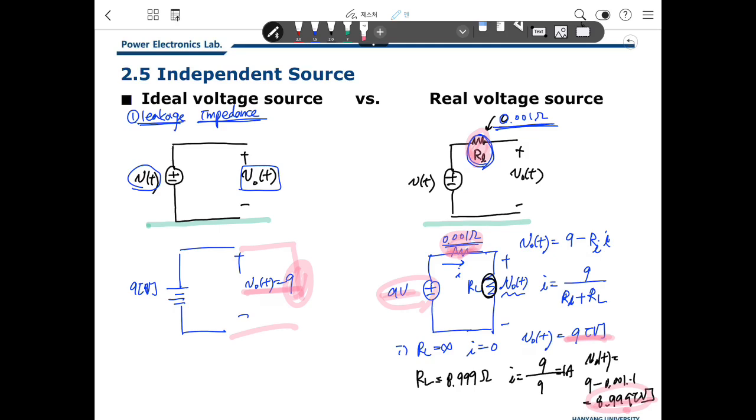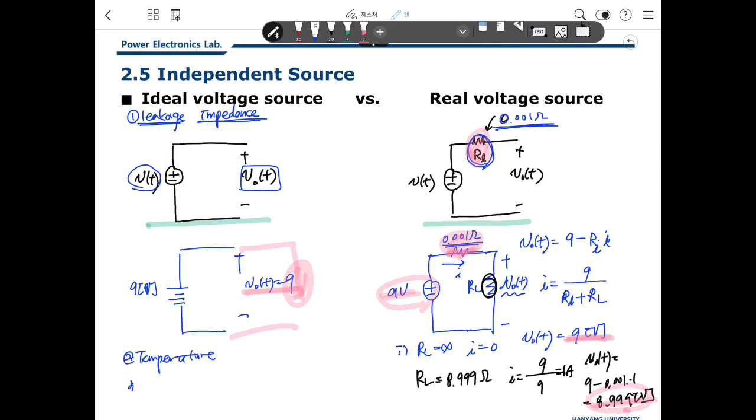Another characteristic of the voltage source, ideal source versus real source, is temperature. The second characteristic is temperature. We do not consider this in circuit theory, the effect of temperature, but in a real voltage source, temperature is very important to define the function of the voltage.